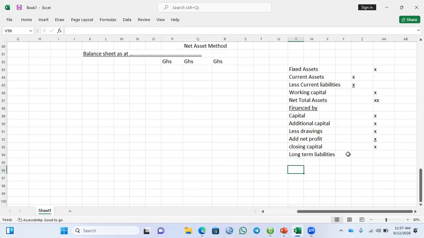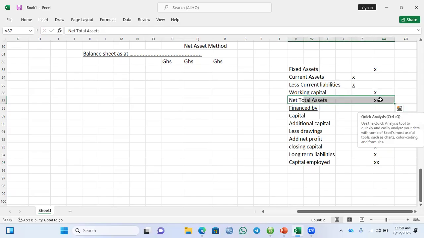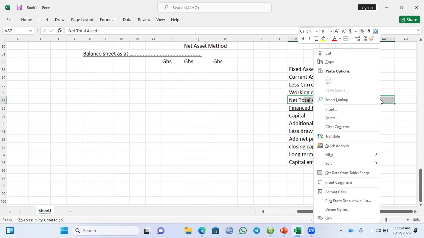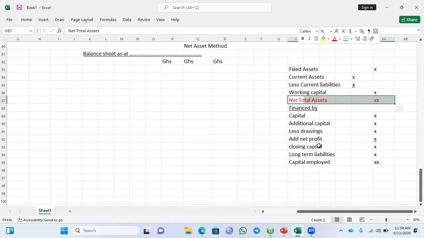Then the total you get, when you add the closing capital to your long-term liabilities, is called the capital employed. And professors, this capital employed should always be equal to the net assets, right?